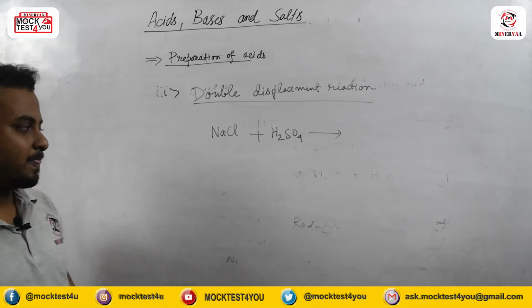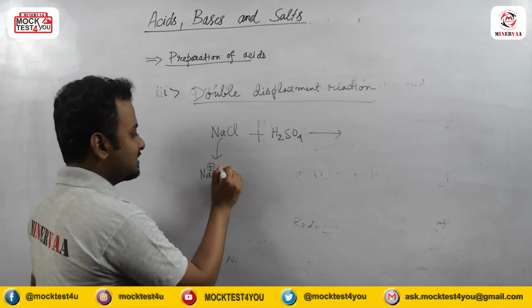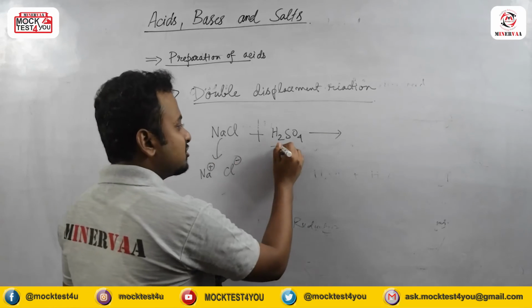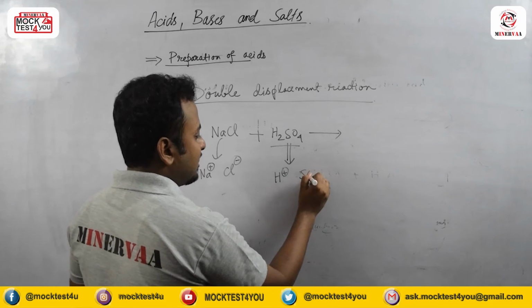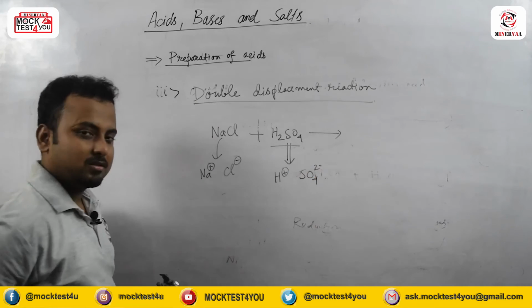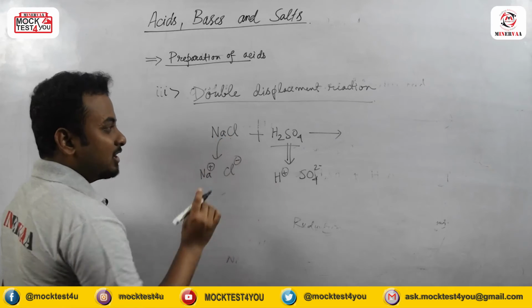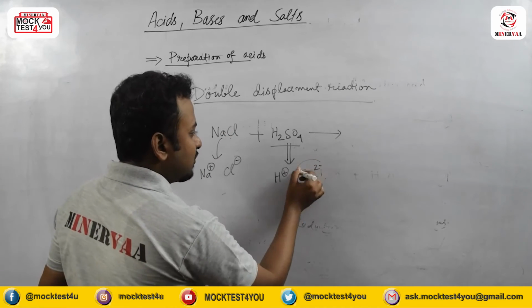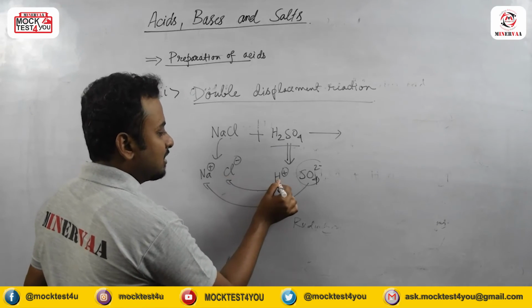Two ions are present in NaCl, Na plus and Cl minus, and in H2SO4 also two ions, H plus and SO4 2 minus. In a double displacement reaction, two ions change their places, so SO4 will combine with Na and H will combine with Cl.